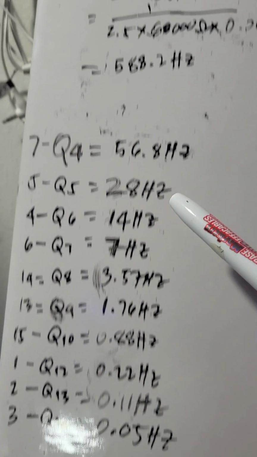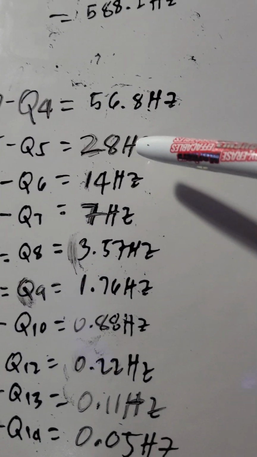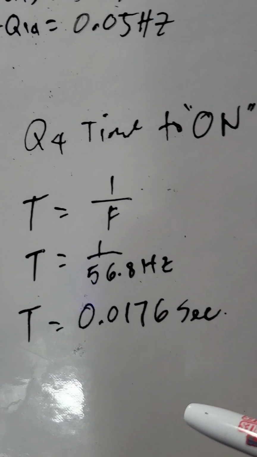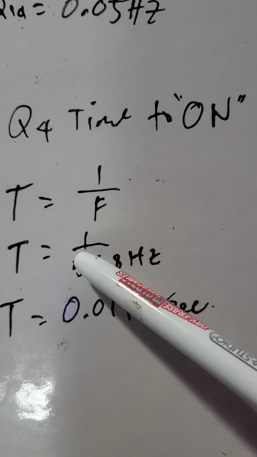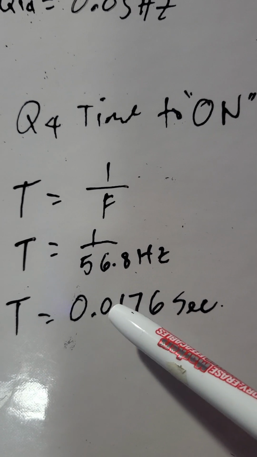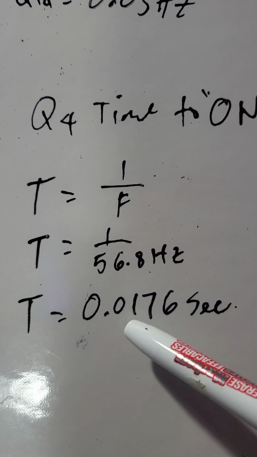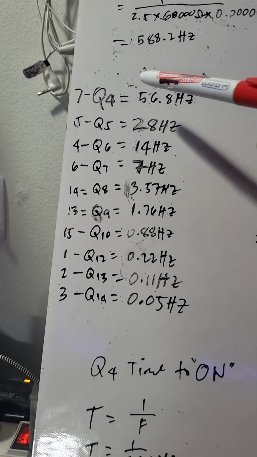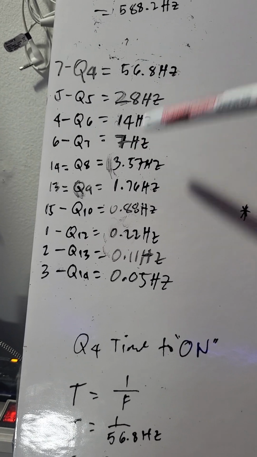Then the frequency we got from the oscilloscope is 56.8 hertz average. Then we use that in our computation, that is 0.0176 seconds. This output Q4 will turn on and off, so it's very fast.